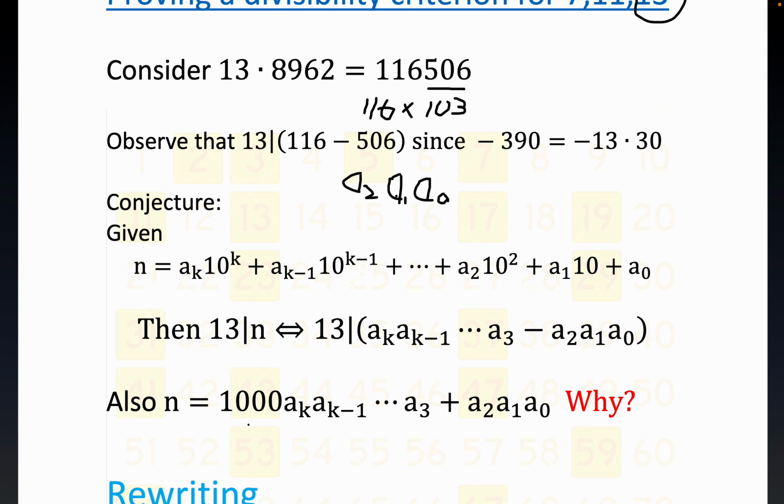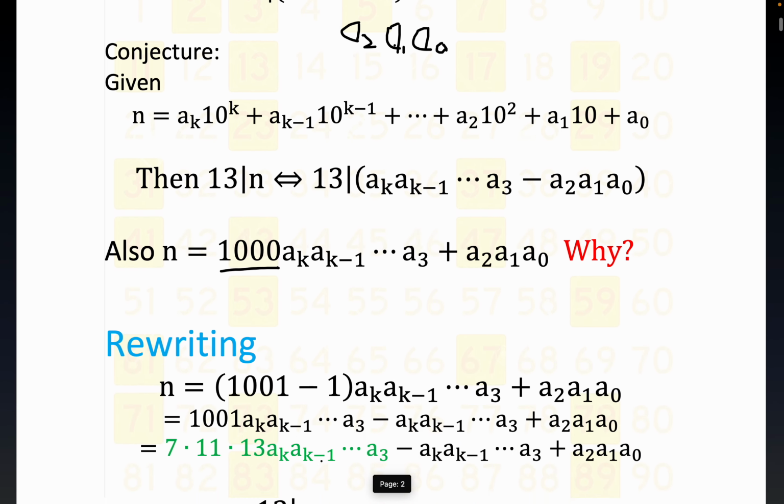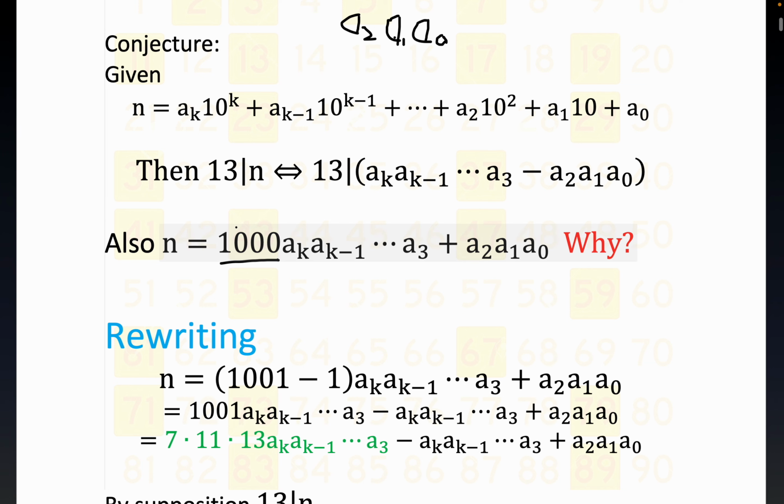So anyway, maybe that was a little bit too much explanation, but that's why n is equal to this, and that's crucial because you'll see that you can rewrite 1,000 as 1,001 minus 1, but 1,001 happens to be 7 times 11 times 13. 1,001 happens to be 7 times 11 times 13, okay? So the rest of this is just expanding all of this out, all right?